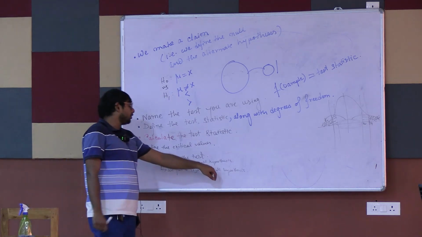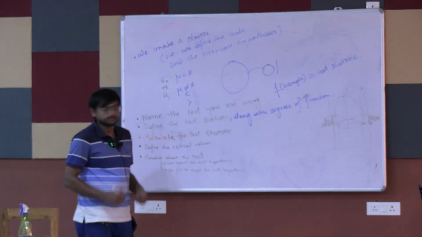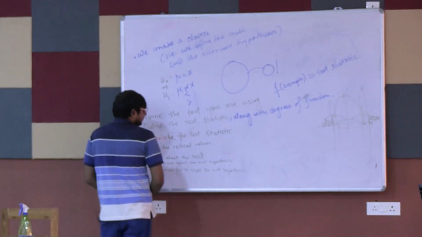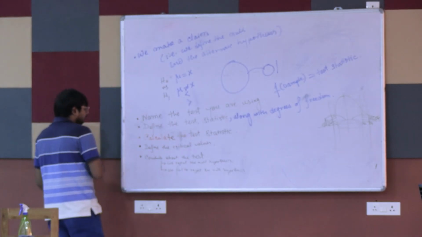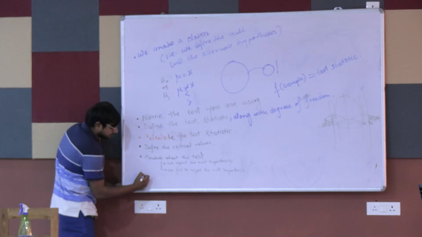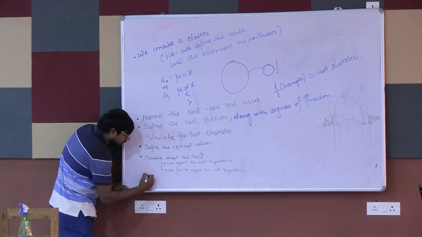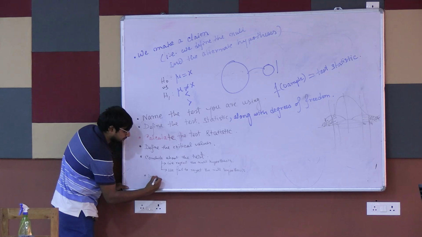These are the two types of conclusion which you can come to. Do not write things like we accept the null, so the null is true. No, we don't write anything like this. And then draw your conclusions.